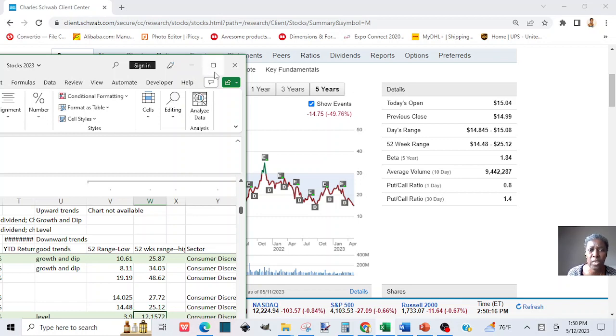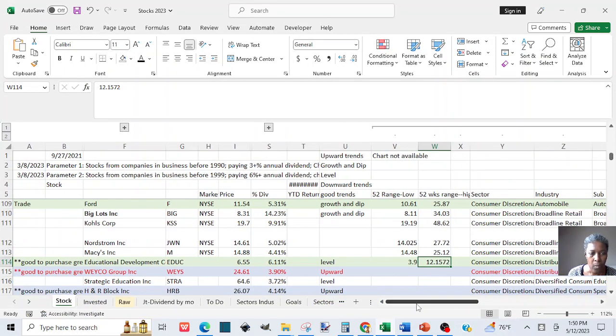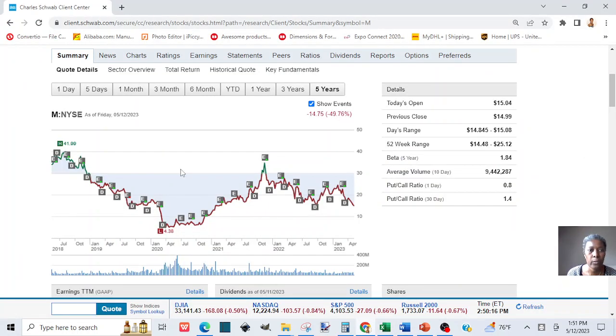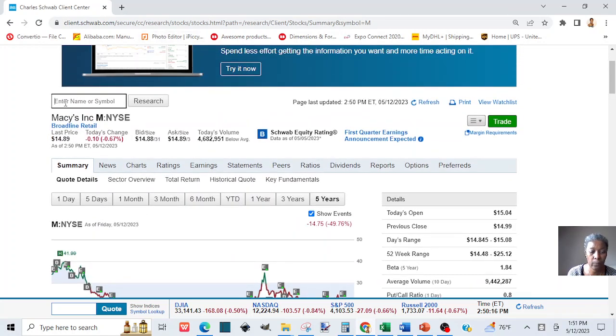So now that we have that, I think there is another one, it is Wiko. We are going to copy it, and we'll go back. So pretty much that's what you will do.